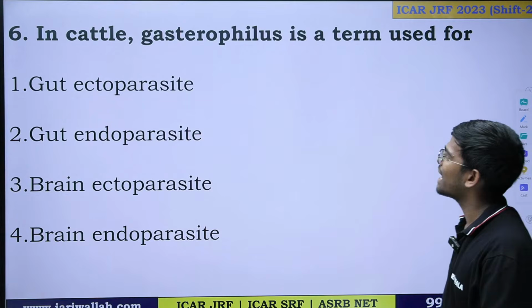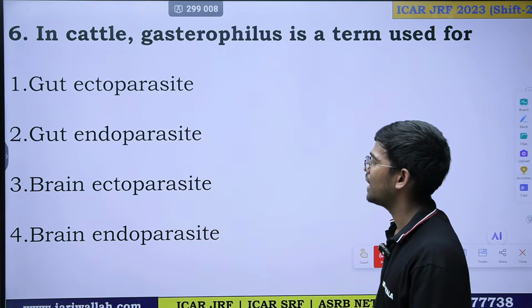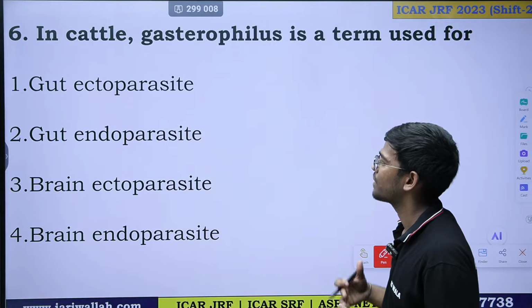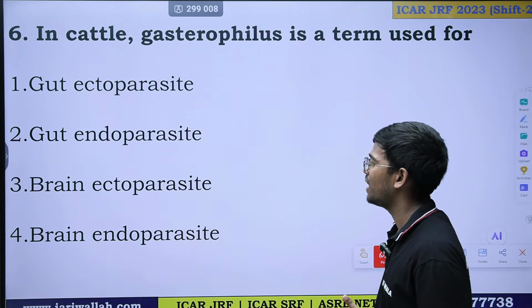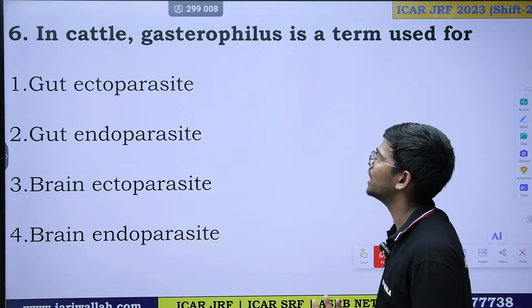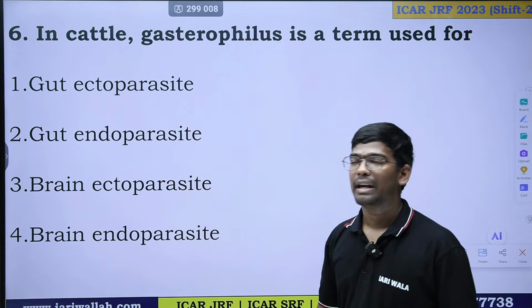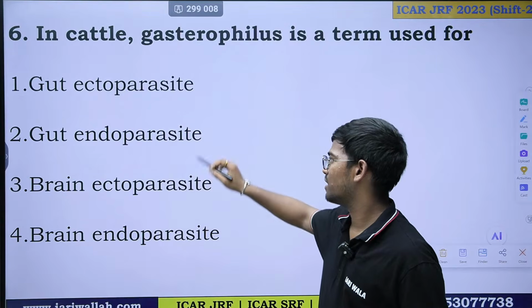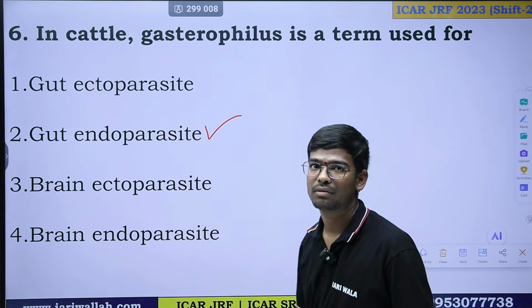In cattle, gastrophilus is a term used for gut ectoparasite, gut endoparasite, brain ectoparasite and brain endoparasite. Usually the term gastrophilus is denoted to gut endoparasite specifically.